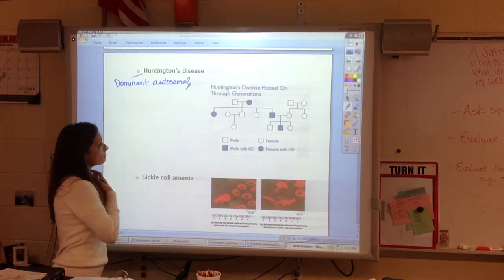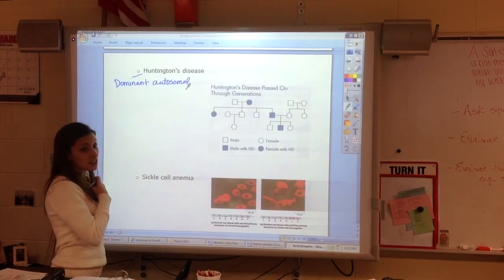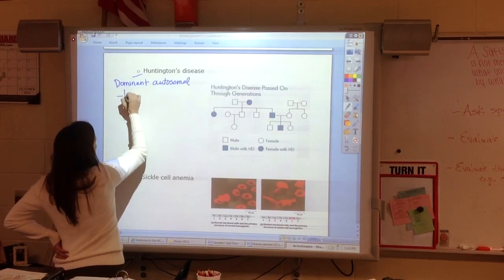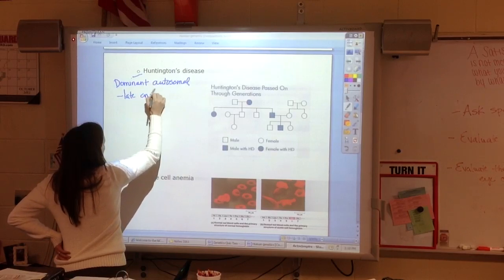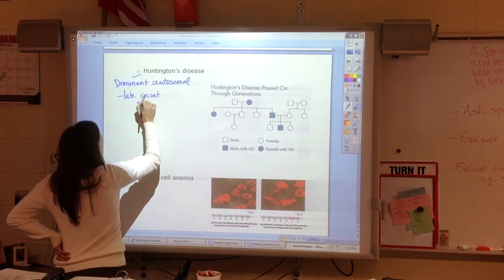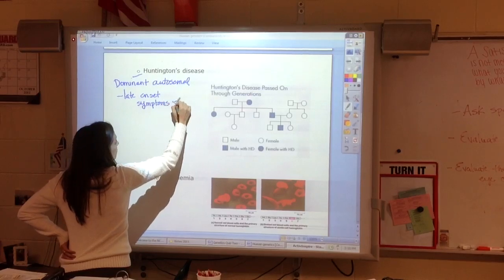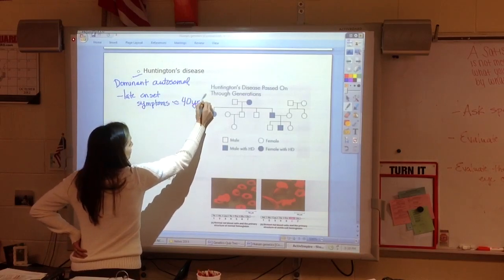And so one of the things that's interesting about Huntington's, besides the fact that it's dominant, is that it's very late onset. Usually there are no symptoms until about 40 years old.